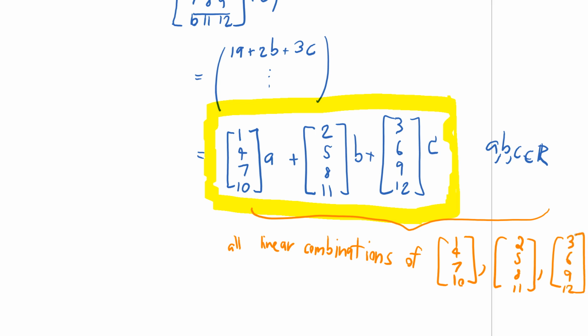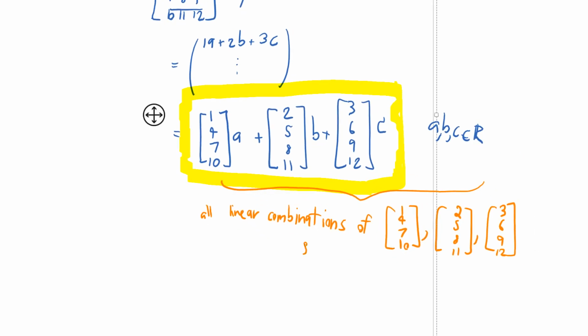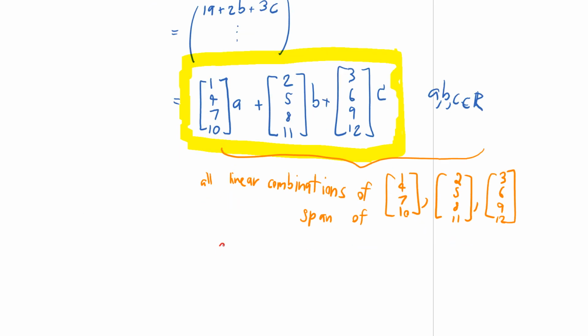It's the set of all linear combinations of these 3 vectors, which is just the span of these 3 vectors. It means the same thing. Another name for it is the column space.